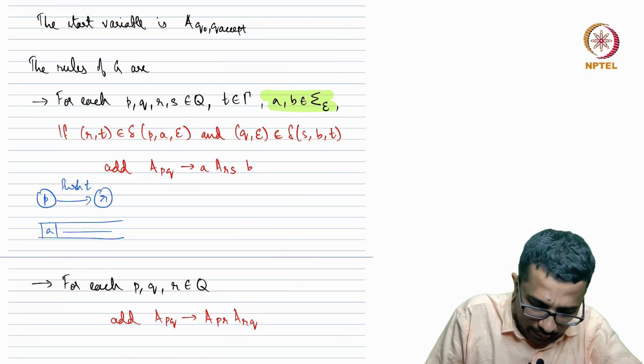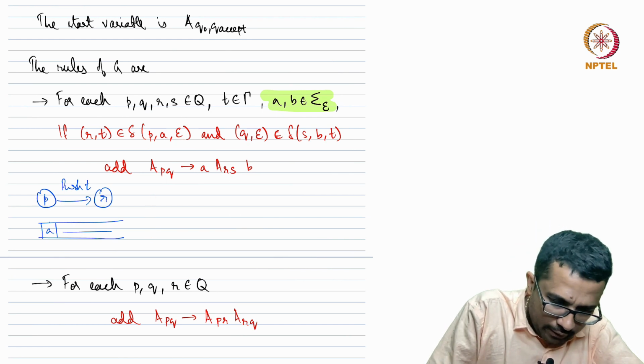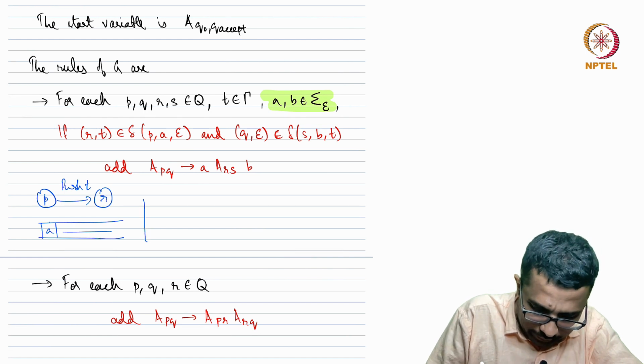So basically from empty stack you will go to a stack with a symbol T.